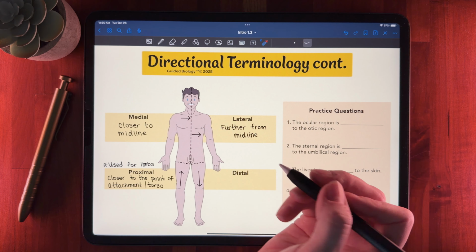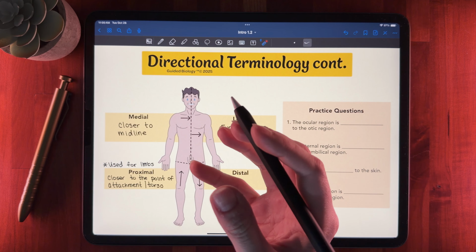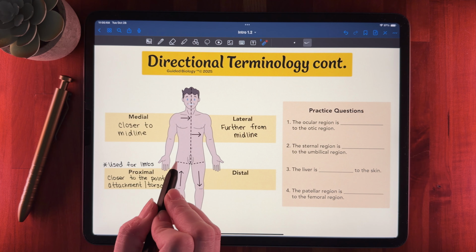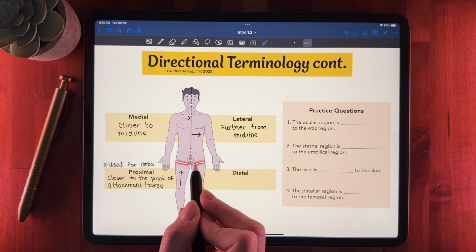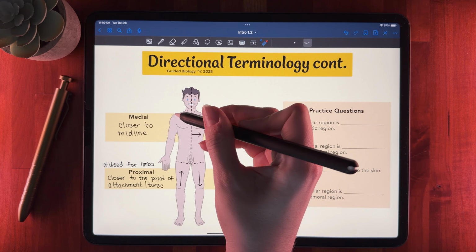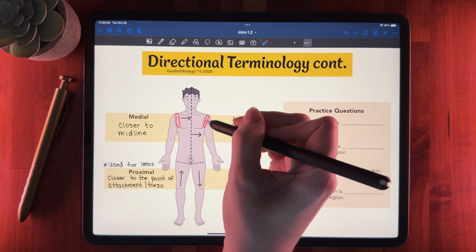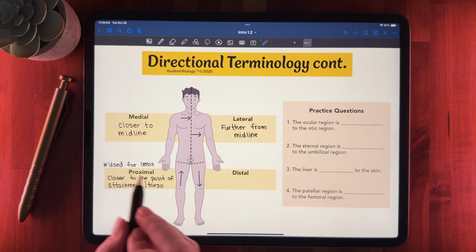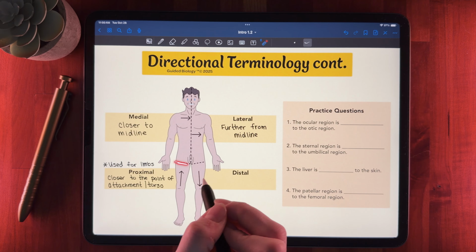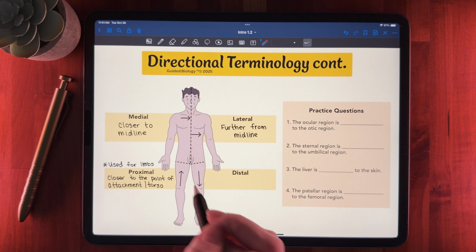So that's the torso, right? Or if we're saying like the point of attachment, we just mean, like where the legs attach here, right? Or if we're talking about the arms, where the arms attach here. Okay, so proximal would just be closer to that point of attachment or closer to the torso.